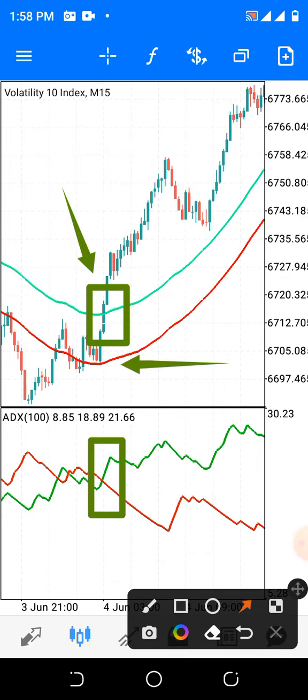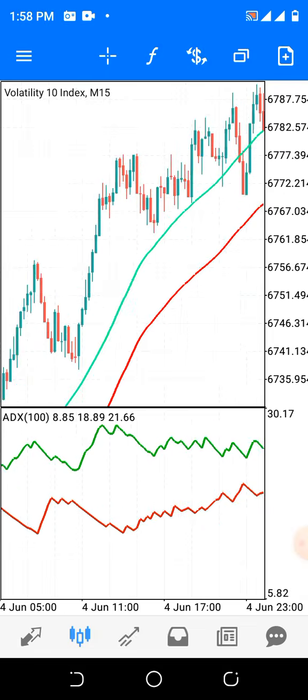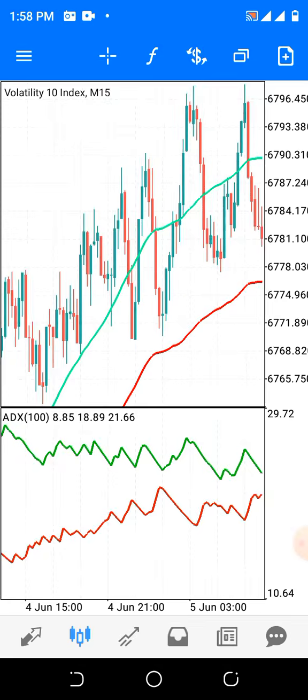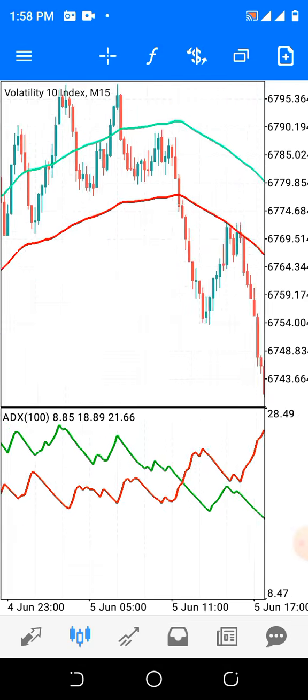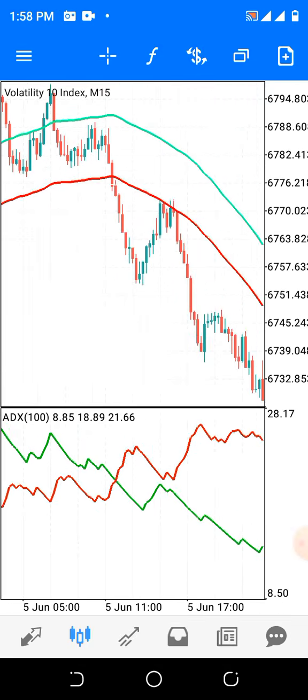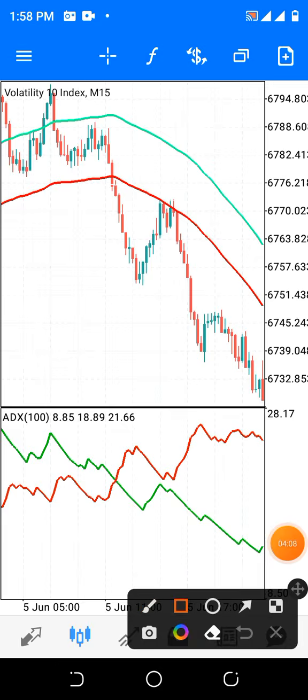That is where you set your stop loss, and this is a huge gain for you, as easy as that. Do you understand? So let's proceed. You see the market is still buying, so that's a lot of gain for you.